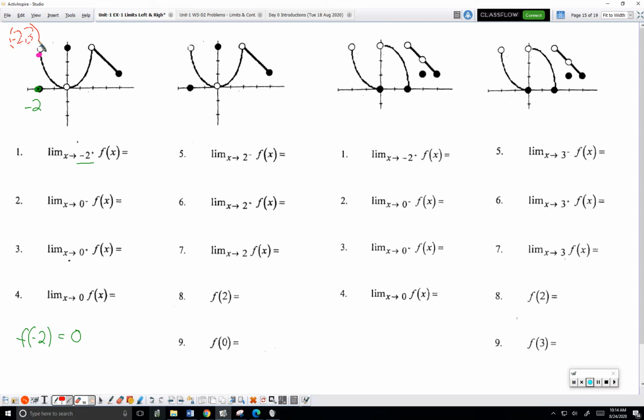So for this limit, I'm looking at that purple dot, whose y-coordinate is located at not quite -2, it's just a little bit positive, and it's just a little bit below +3.